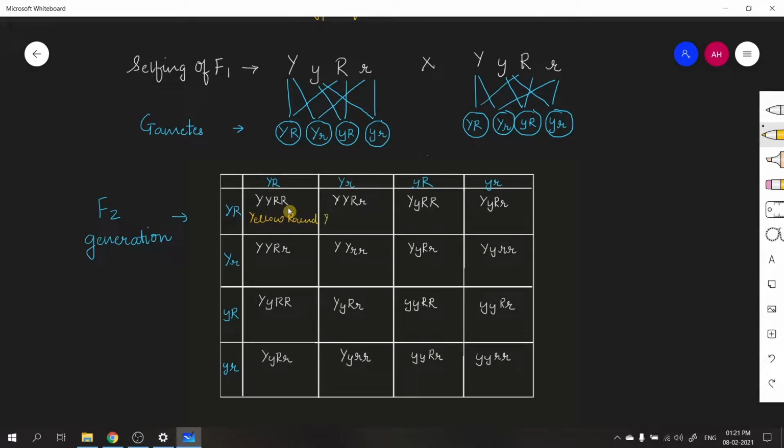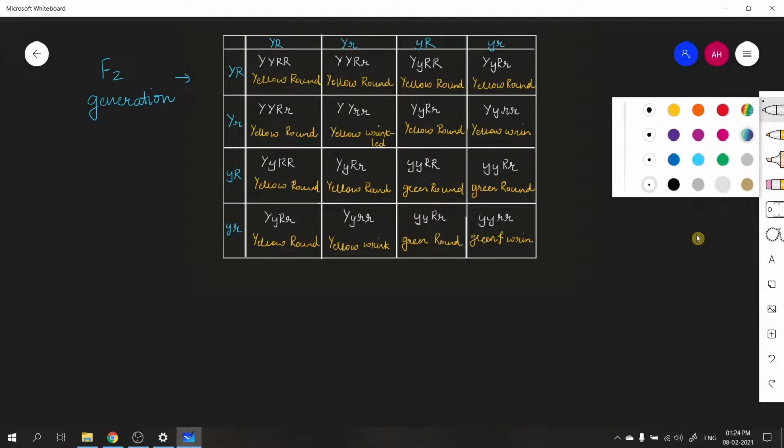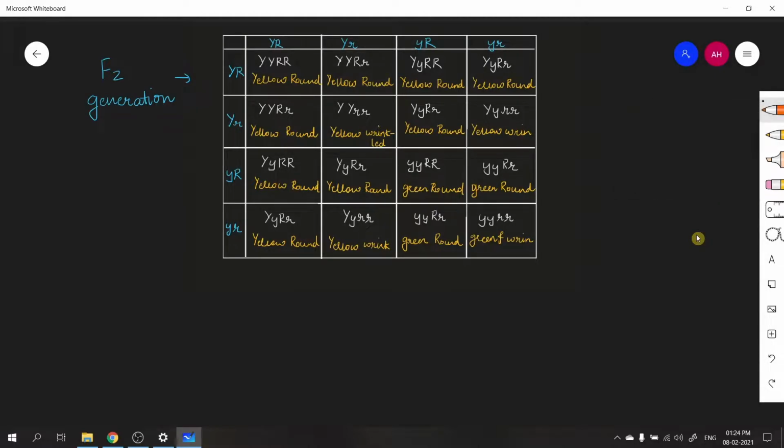The second one is also going to be yellow and round. So likewise, I'm going to fill up the entire box by the phenotype. So we have completed the entire F2 generation in the Punnett square, also called as a checkerboard method. Now the next step and the final step is to write down the phenotypic and the genotypic ratio.